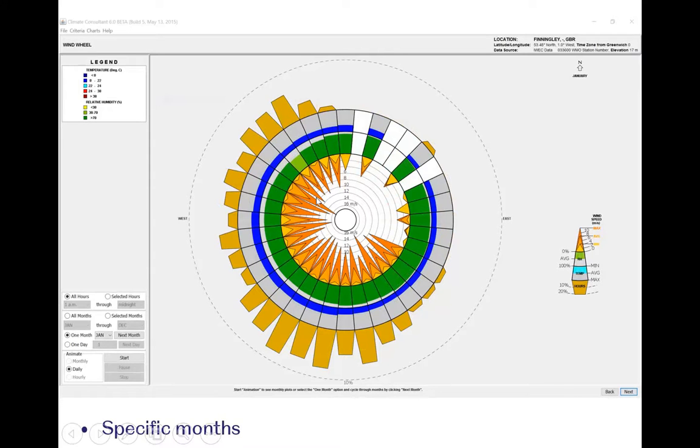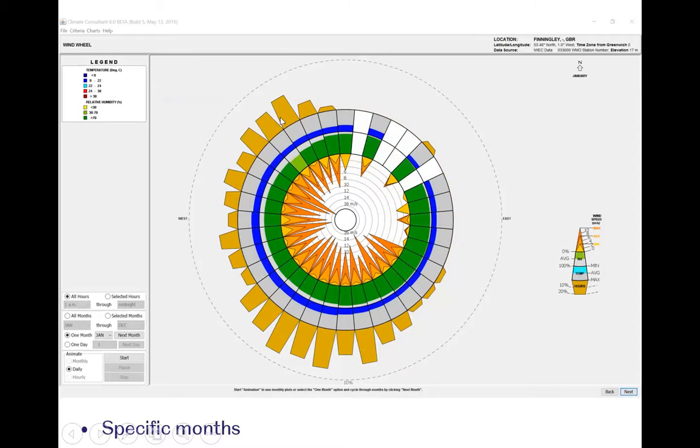So if you were interrogating a site using this windrose, you might say, well, we don't need to worry too much about these velocities below 10 meters per second, but we're probably more concerned with these peak velocities. If you look at these darker orange, we're getting velocities in the sort of 14 up to 16 meters per second. So quite fast wind velocities.